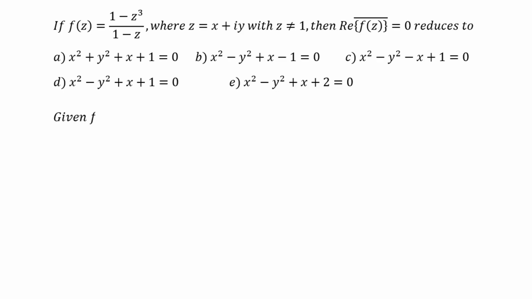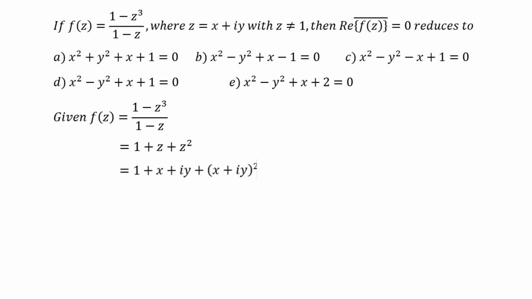Here, given f(z) = (1 − z^3)/(1 − z). 1 − z^3 equals (1 − z)(1 + z + z^2). So after cancelling 1 − z, we get 1 + z + z^2. By substituting the value of z, we get 1 + (x + iy) + (x + iy)^2.